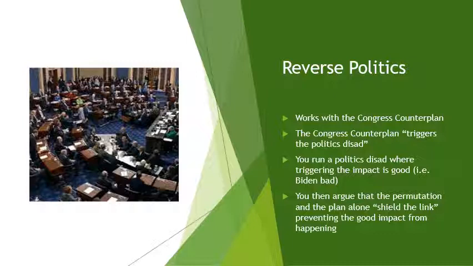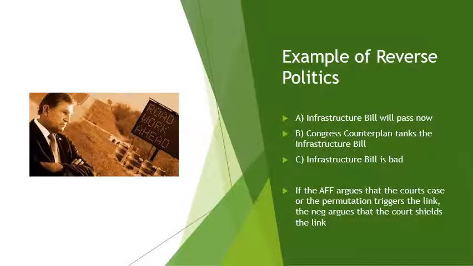And then the negative says, no, the courts would shield the Congress from the politics disadvantage, so your permutation doesn't trigger the link, and courts alone won't trigger the link. Only the counterplan triggers the link. Only the counterplan triggers the net benefit. The affirmative plan and the permutation will not trigger this net benefit.